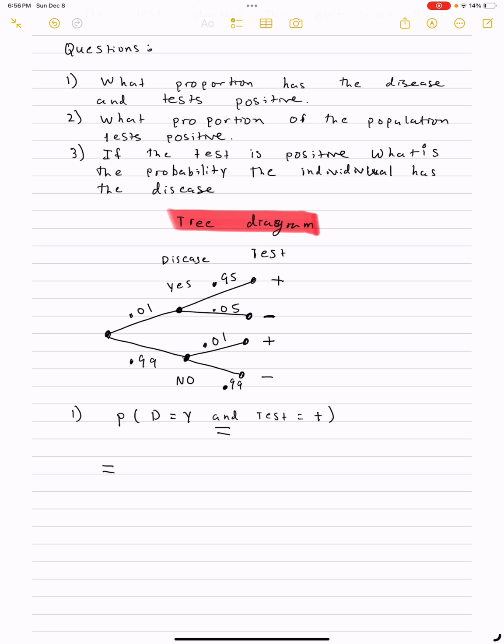So we're going to calculate the probability of the disease being yes, then multiply by the probability that the test is positive given, and given has this notation of a bar, given that the individual does have the disease. And this is just going to be this 0.01 times this 0.95.